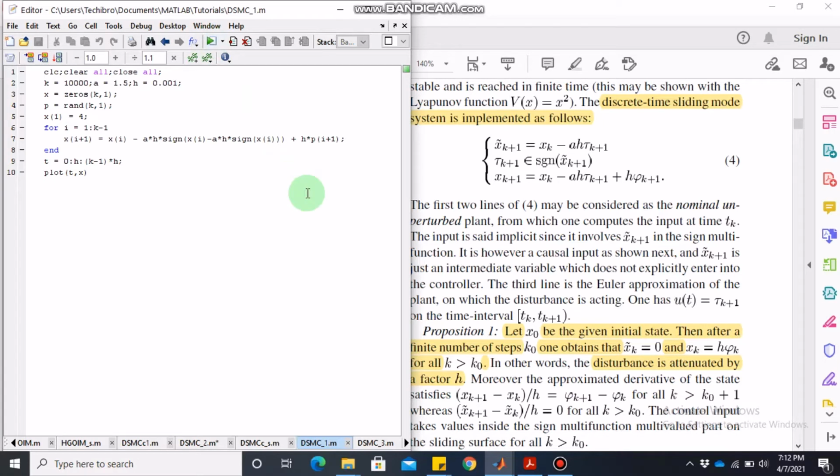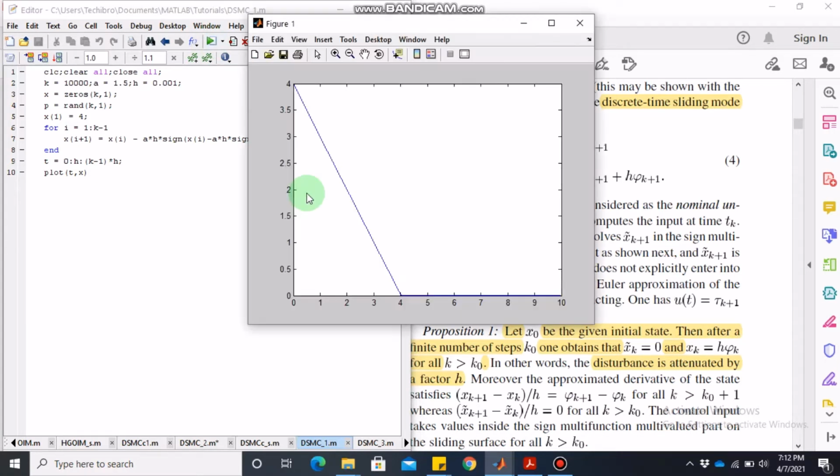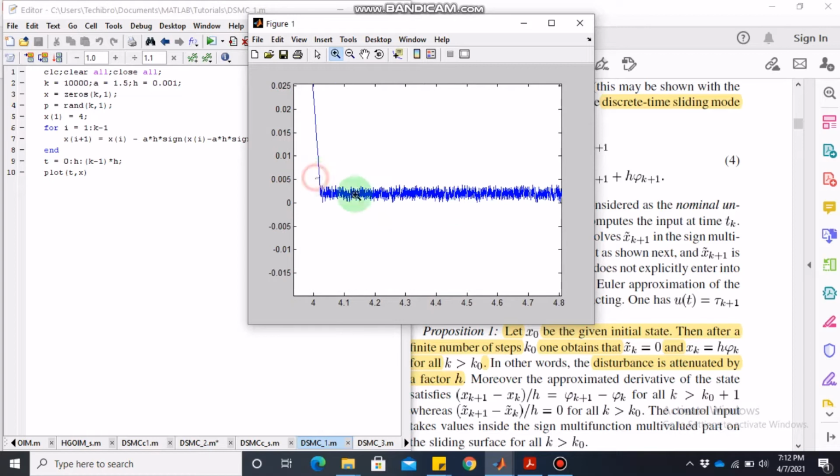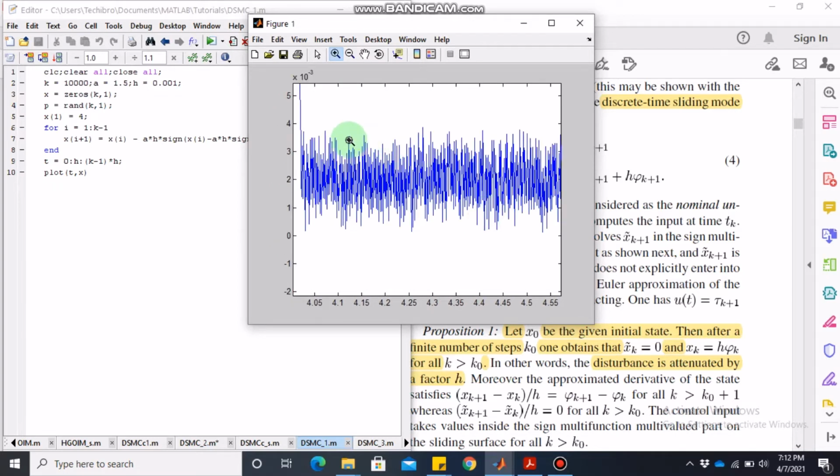So when we run this file, we get from the initial condition 4, the state variable converges to 0, and if we zoom this in, you can see here that due to the disturbance there is some chattering in the state.